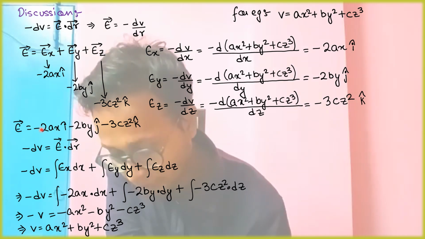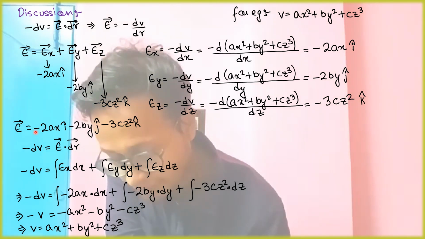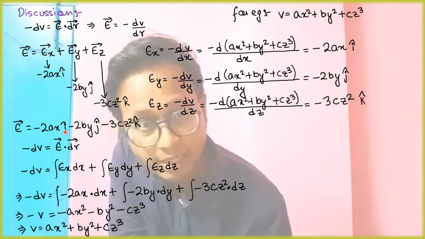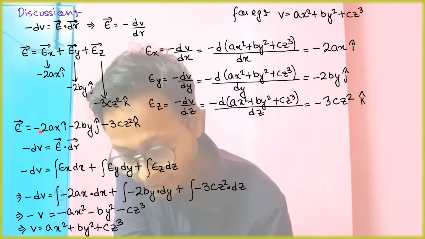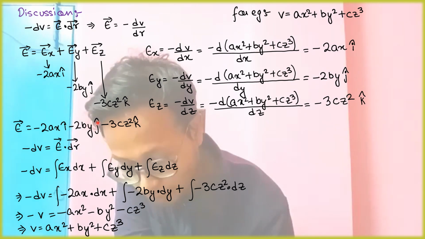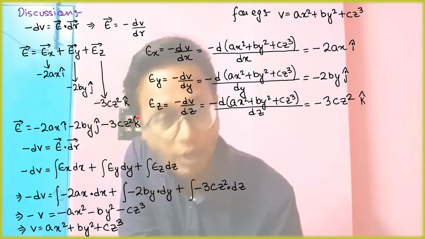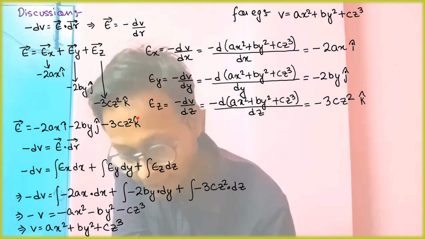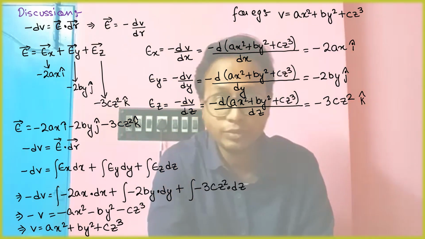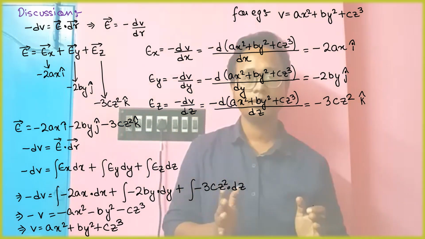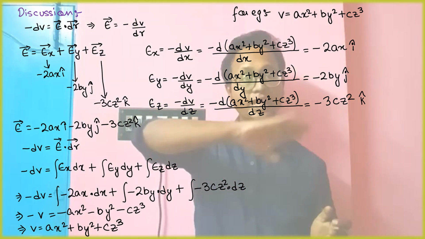Out here the electric field can be given as minus ay i. The y doesn't necessarily represent the x component of electric field. The i cap represents the x component of electric field, j cap represents the y component of electric field, and k cap represents the z component of electric field. So this is the main thing you need to remember: do not confuse between x, y, and z.